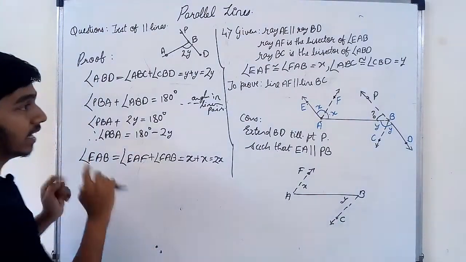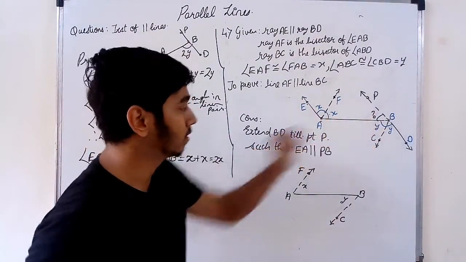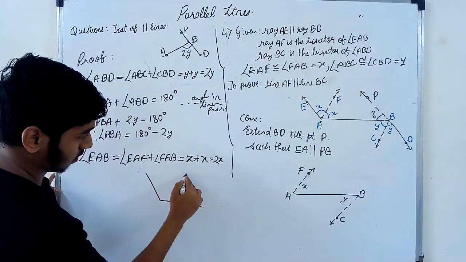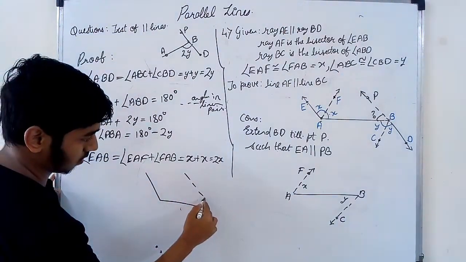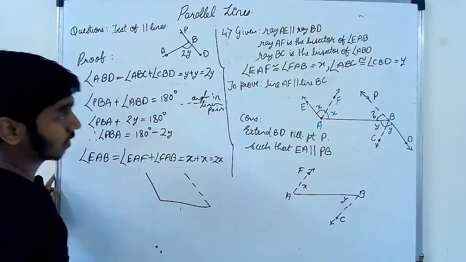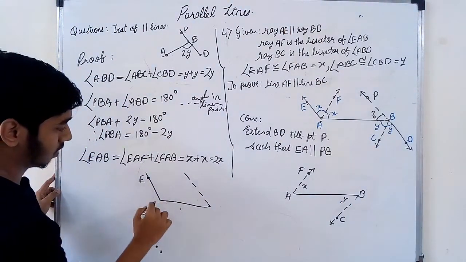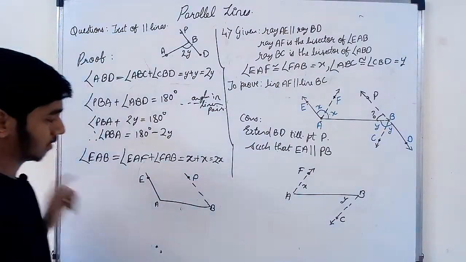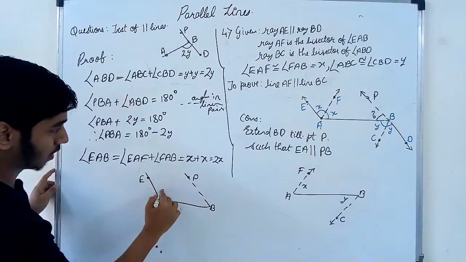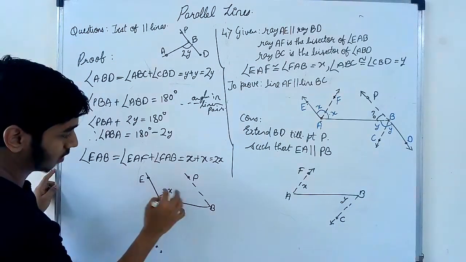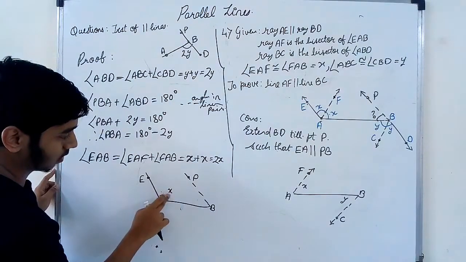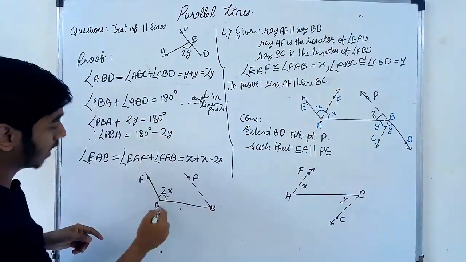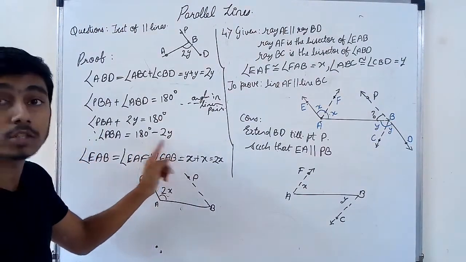Now if you see EAB, I'll draw this now. So this is A, this is B, and this is P, correct? EAB is 2x, and PBA is 180 minus 2y.